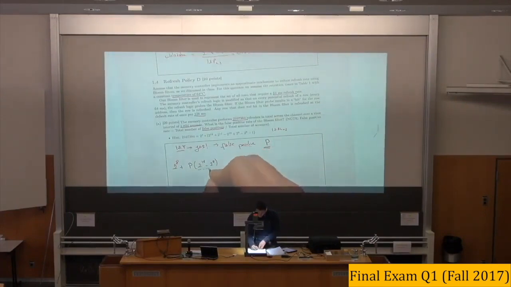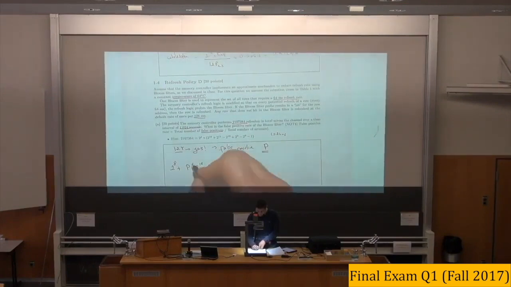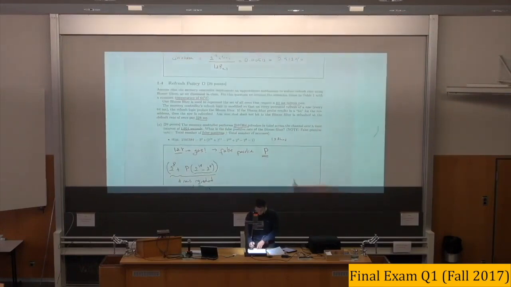This is the rest of the rows that should actually be refreshed within 128 milliseconds, and P is the fraction of those rows that were false positives. So this is the number of rows refreshed in each 64 milliseconds, and these are our false rows.